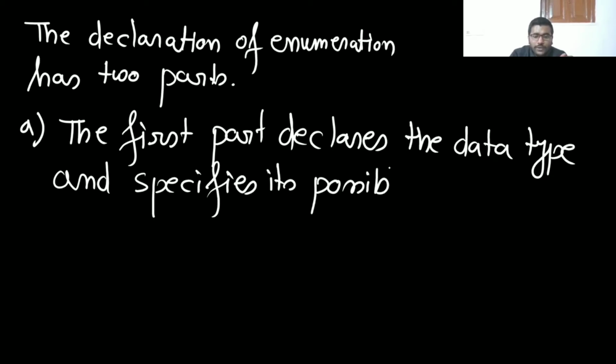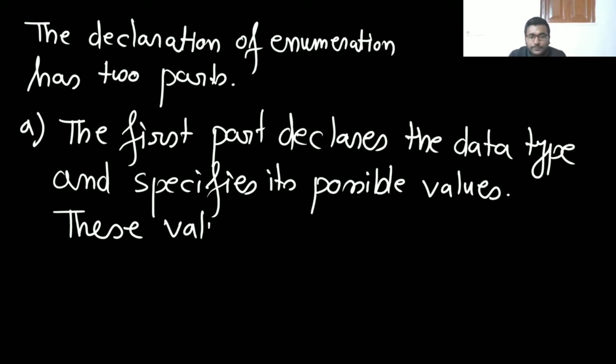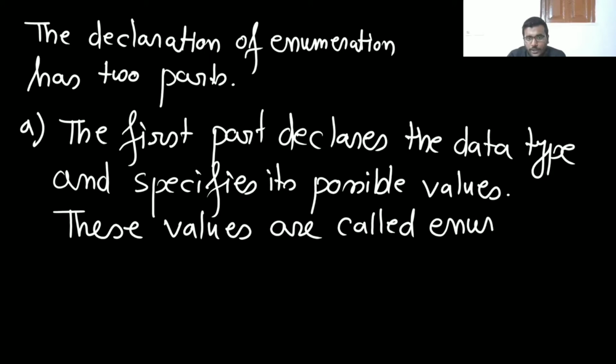What are the possible values it can have, and these possible values are called enumerators. This means Monday, Tuesday that you are writing, or single, married that you have written. These values are called enumerators.